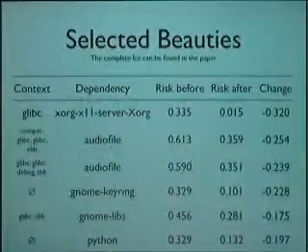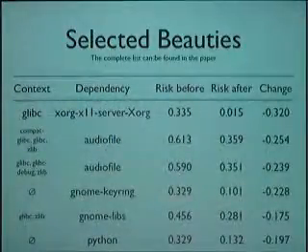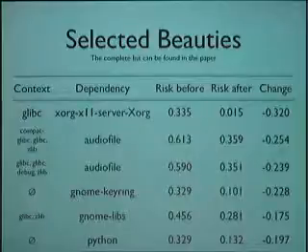I don't know if you know this, but KDE and GNOME are the competing window managers for Linux. So you can make a rational argument that one is perhaps better than the other. And you can also see that Python programs seem to be quite okay. So these are some of the beauties that we found. As I said, the complete list can be found in the paper.